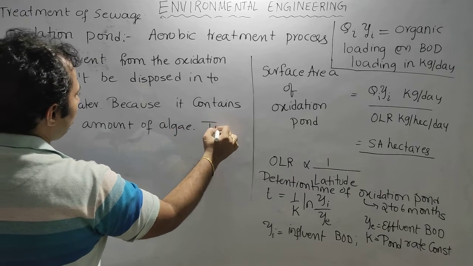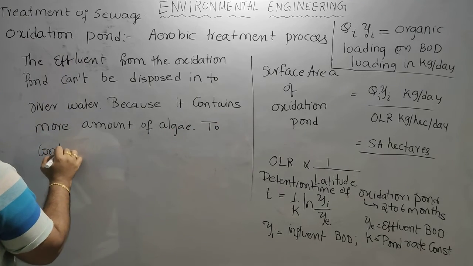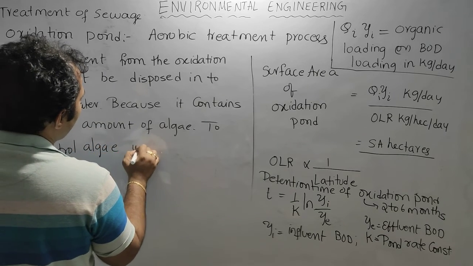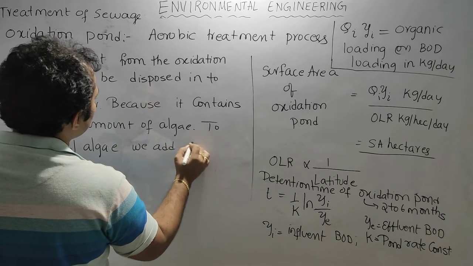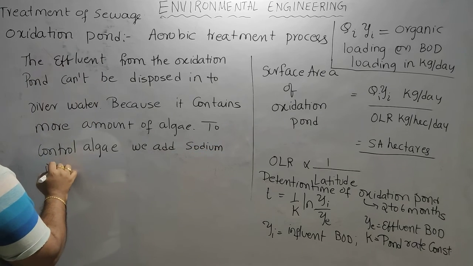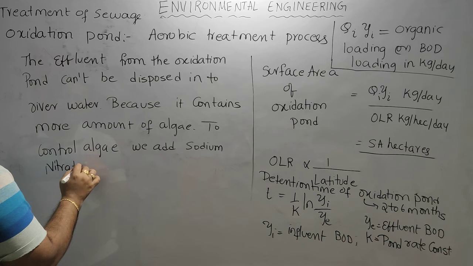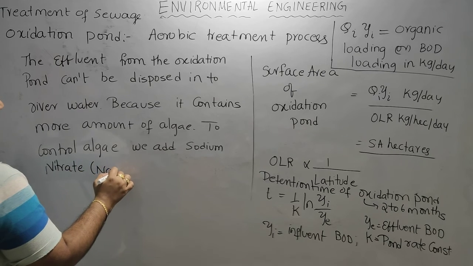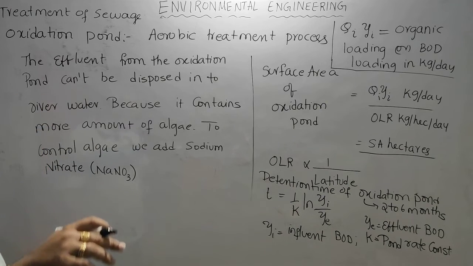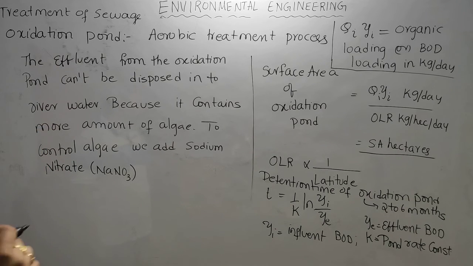To control algae, we add sodium nitrate, NaNO3. Generally we add copper sulfate to promote algae growth, and to kill the algae we add sodium nitrate.